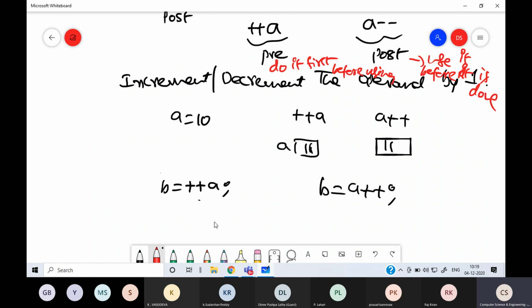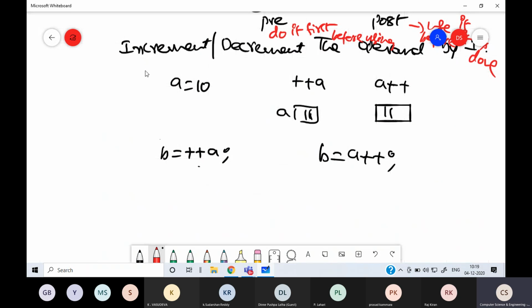Here, this is pre, so do this first. Suppose A is 10. Assume that B is some value, whatever it is, it does not matter; suppose it is 25. When I say B equals plus plus A, first increment, because it is pre, do it first, then use it. Now I use A, A is assigned to B, so it becomes 11.